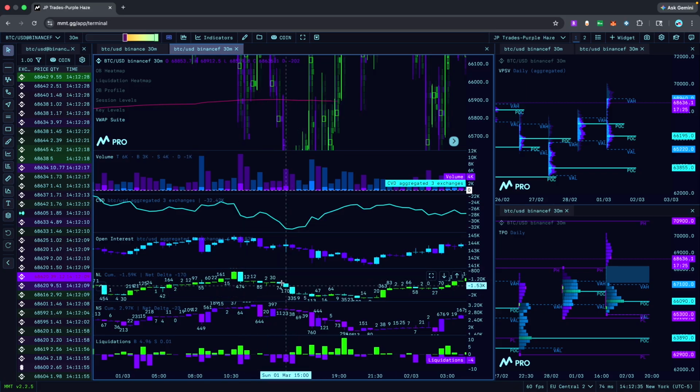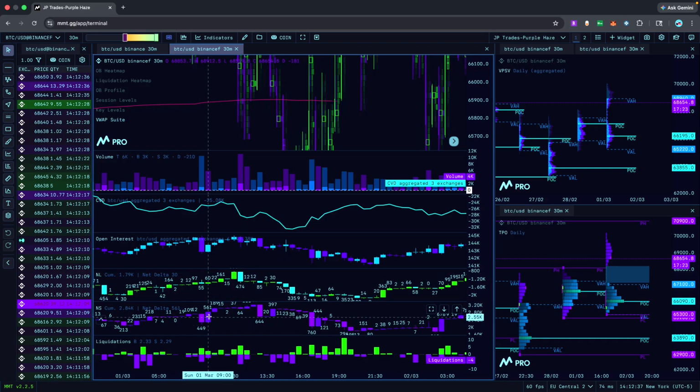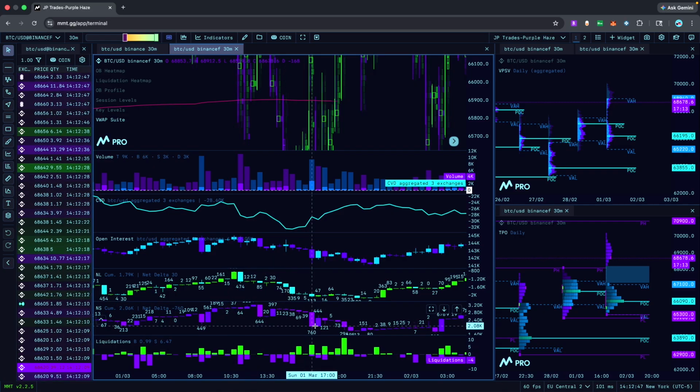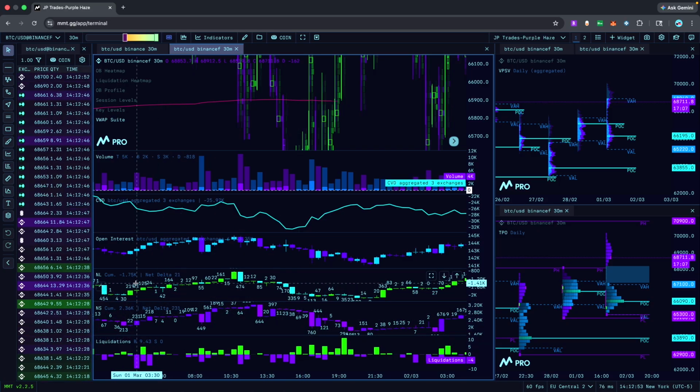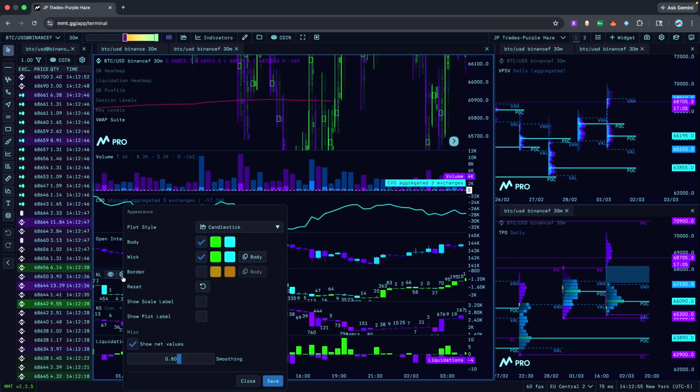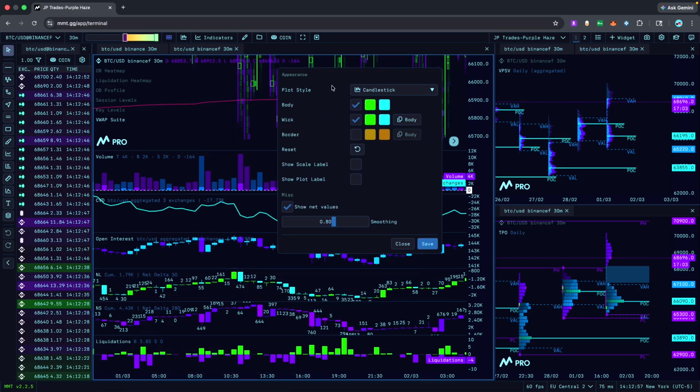When net shorts increase, the same thing happens: new short positions are opening or existing shorts are increasing in size. And when net shorts decrease, it means the short positions are being closed or reduced. These are modeled estimates based on open interest distribution, not verified account level data.